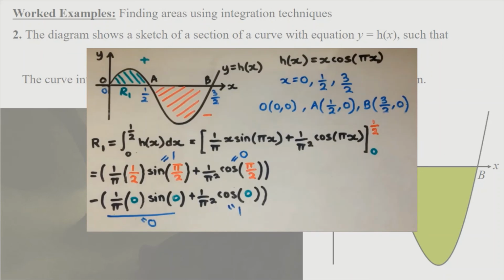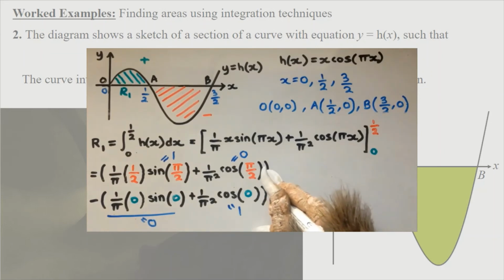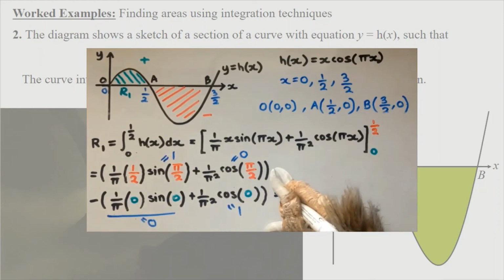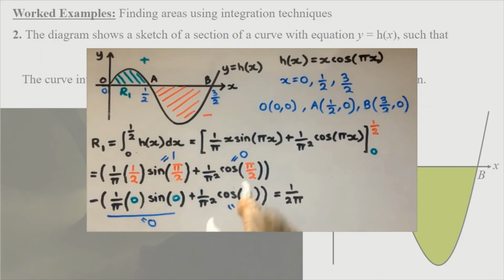So we can put all this together now and hopefully get our value. So all this is going to equal, we're going to multiply 1 over pi multiplied by 1 over 2 multiplied by 1, so that's 1 over 2 pi. Let's write that in. So 1 over 2 pi. This is nothing, so that's my upper limit finished.